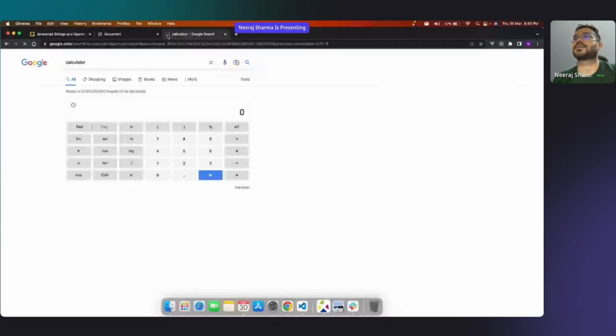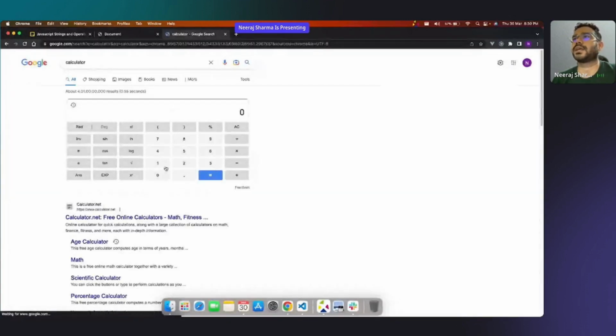On the calculator, if I say 12 modulo 15, what is the remainder? We are getting 1.8. Oh, sorry, what did I do? Wait a minute. 12 modulo 15.